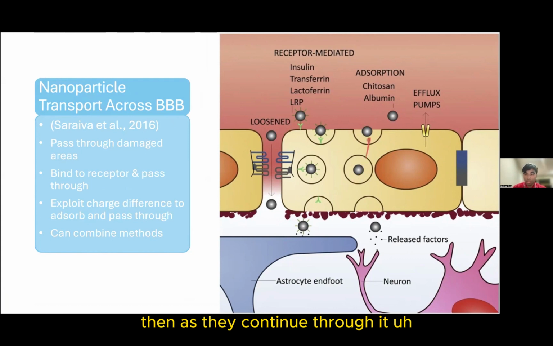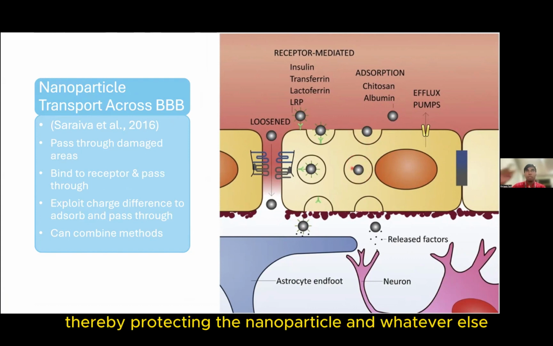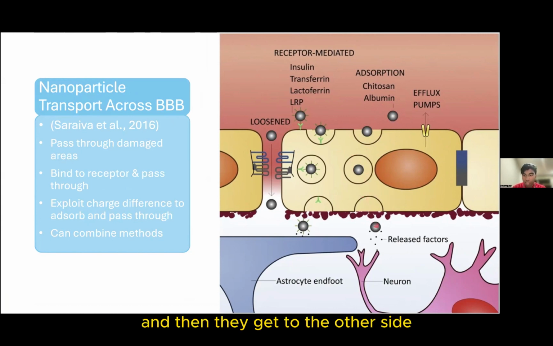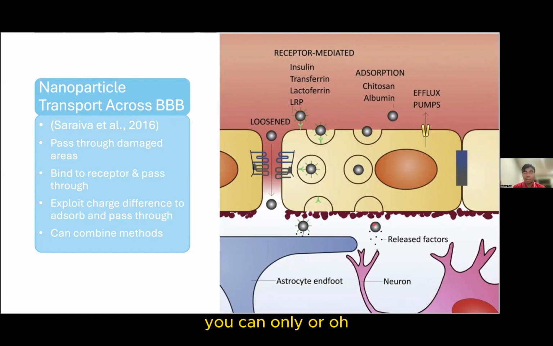Then as they continue through, the cell surrounds them in what's called a vesicle, thereby protecting the nanoparticle and whatever drugs you have on there. Then they get to the other side and you can release your drugs and other factors. Some of these methods can be combined on certain drugs, so a nanoparticle is not restricted to only one thing.